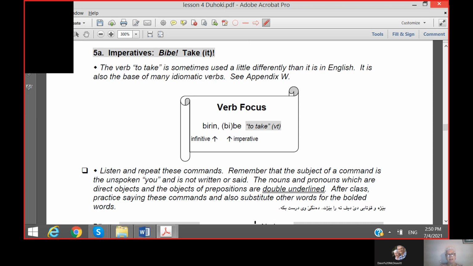Biba, take it. The verb to take is sometimes used a little differently than it is in English. It's also the base of many idiomatic verbs. See Appendix W for more information. So biba is our imperative.